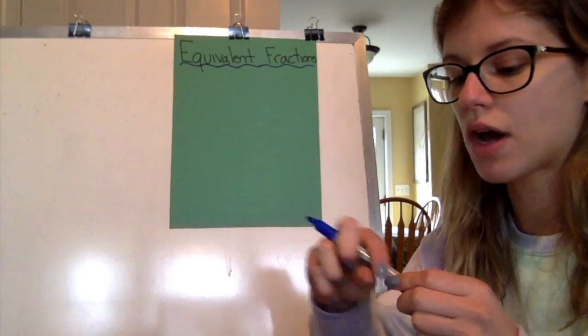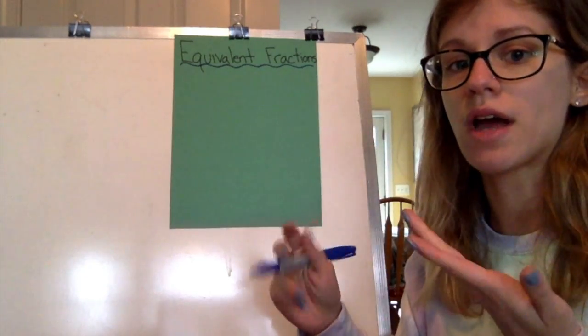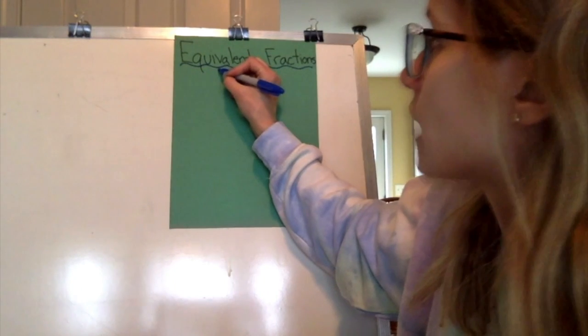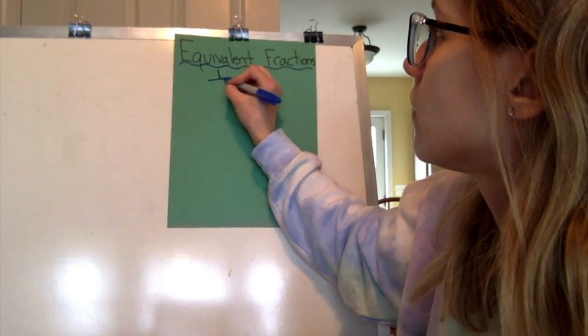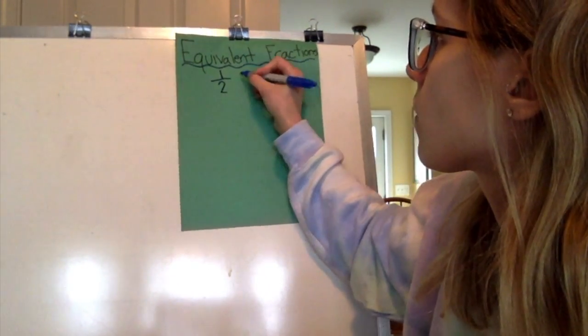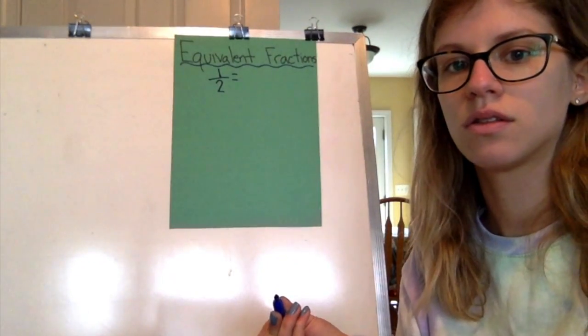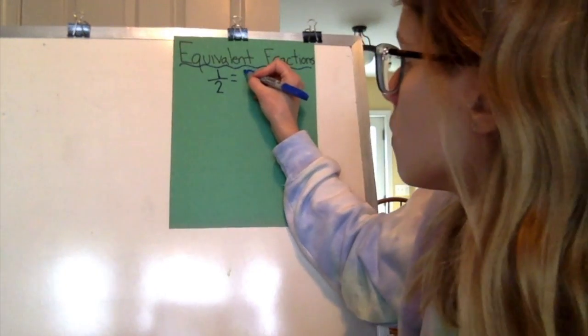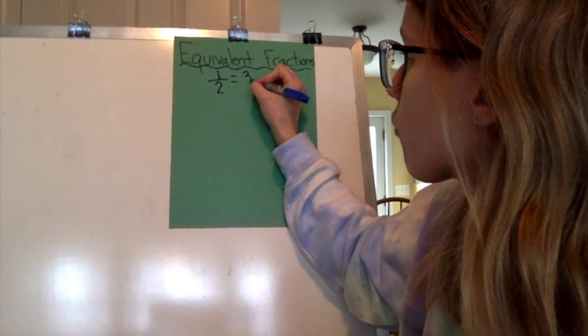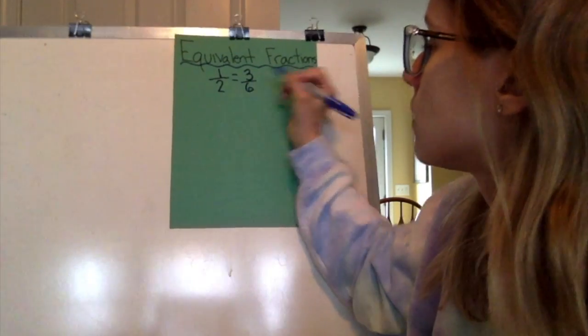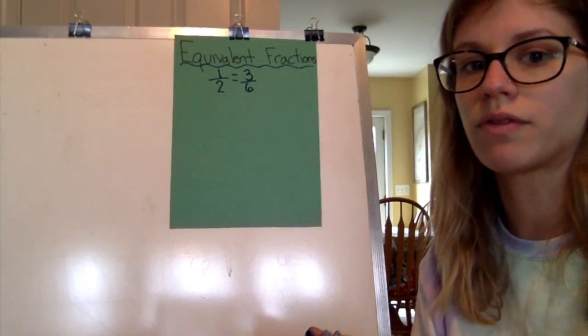So we already figured out that when we did our triangles and our trapezoid, that one equivalent fraction is 1/2 is equal to how many triangles? 3 triangles that needed 6 total. That's one equivalent fraction.